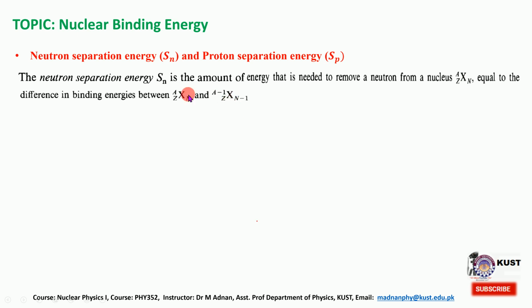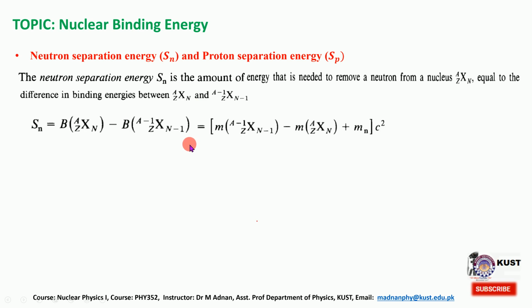According to this statement, the neutron separation energy is just the difference of the binding energies of these elements. Now that can be worked out using the mass energies, that is, the mass energy of this element plus the neutron rest mass energy minus this thing will give you the separation energy.